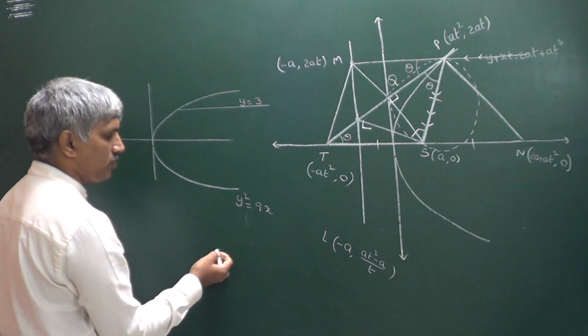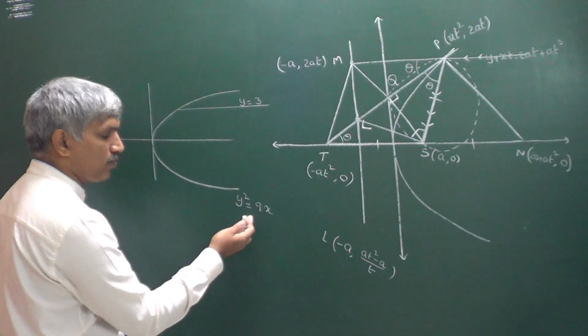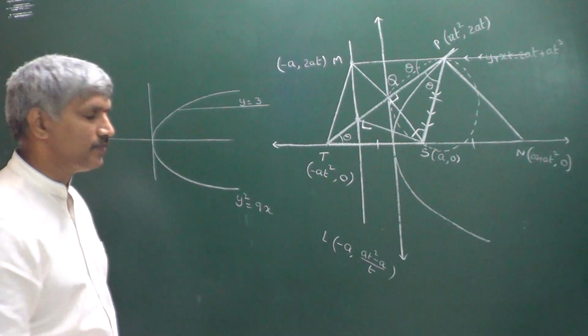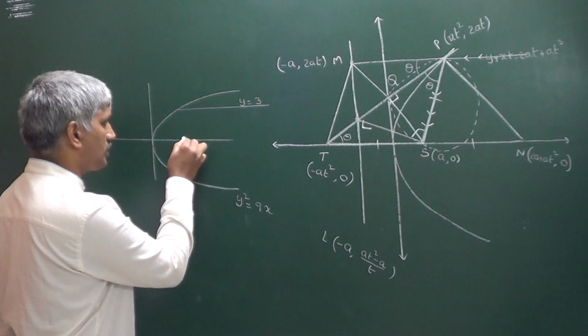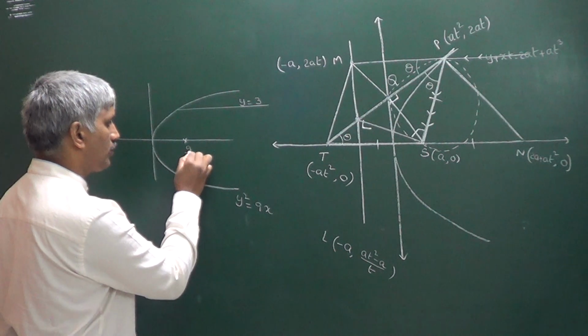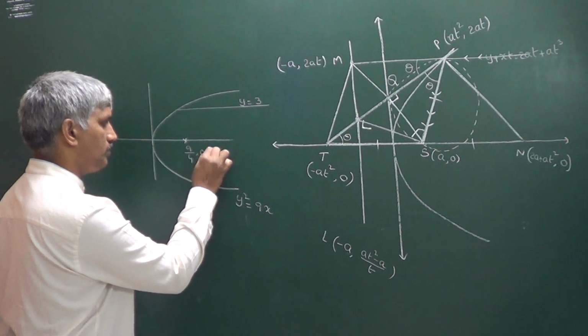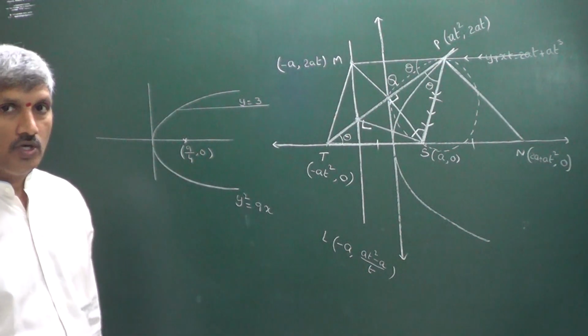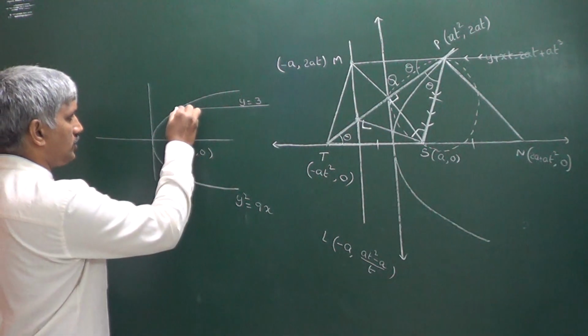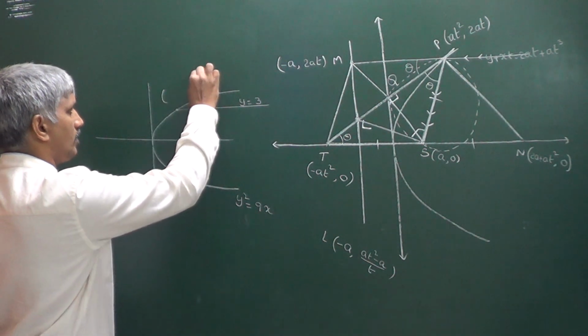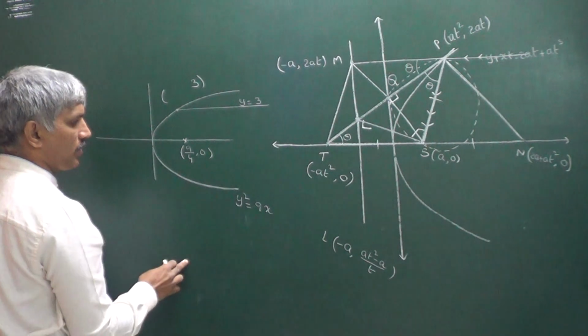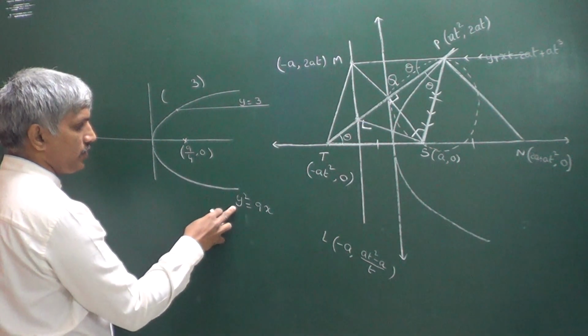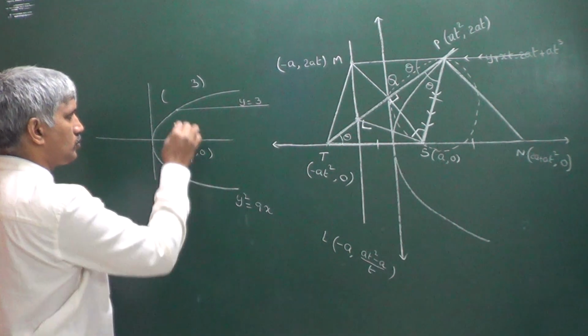For this parabola, can you say what the focus is? The focus is 9 by 4 comma 0, right? Now here y is equal to 3, so substitute here, you will get x coordinate is equal to 1.